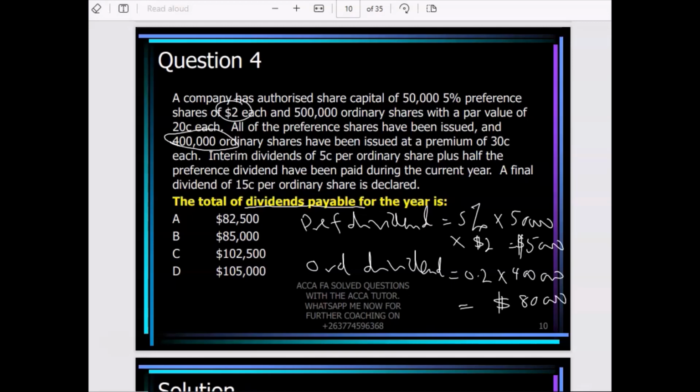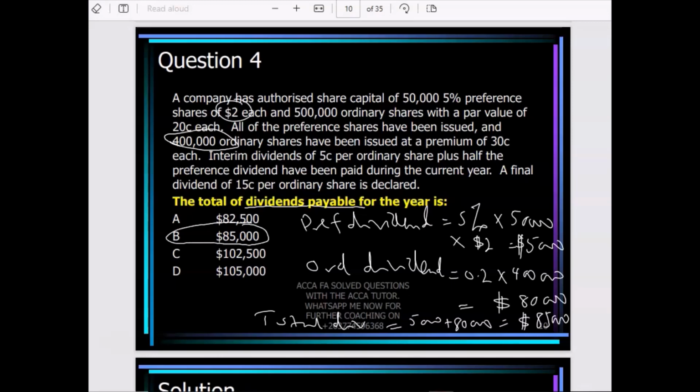So we need to add 5,000. So the total dividend should be 5,000 plus 80,000, and we get 85,000. So our answer, ladies and gentlemen, is B.